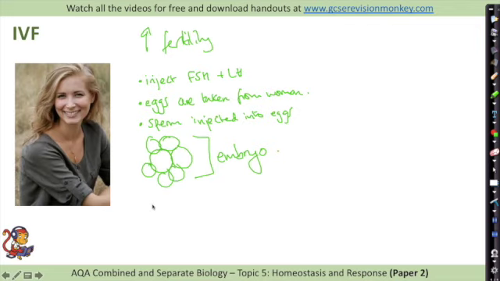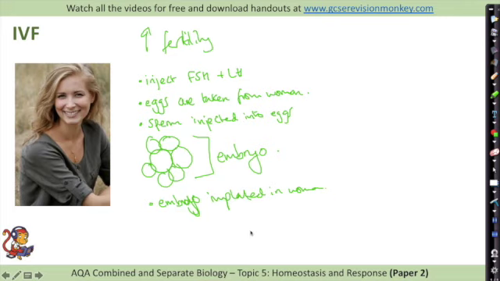That embryo is then implanted in the uterus of the woman, and with IVF you can have 1 or 2 embryos implanted to increase your chances of success. There are downsides, including multiple births, which can cause problems for both the mother and the baby.